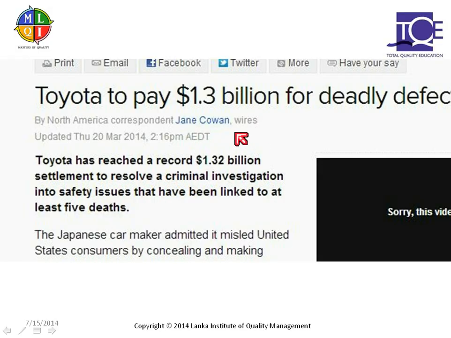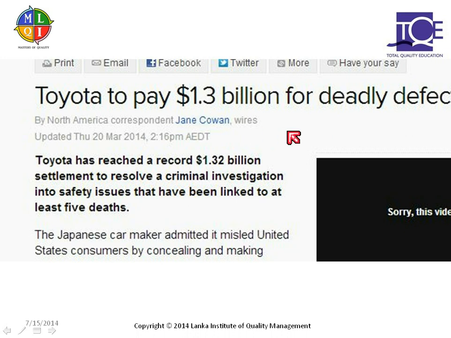I'd like to show you this slide here because quality has to do also with morals. A company cannot produce a product knowing that when it's used, it will be at risk to the user. And nowadays, of course, you can't get away with it.